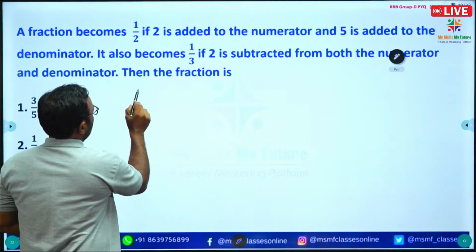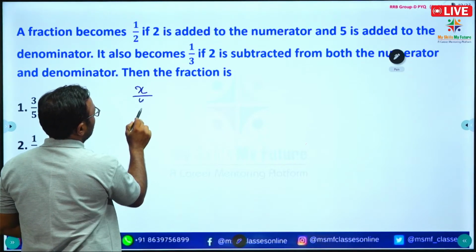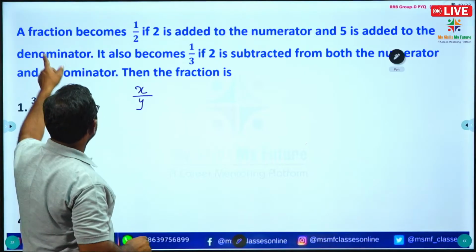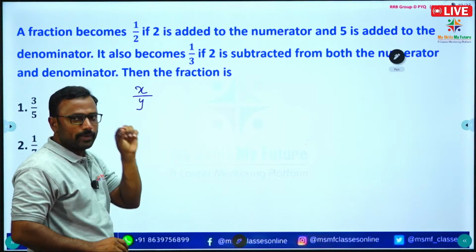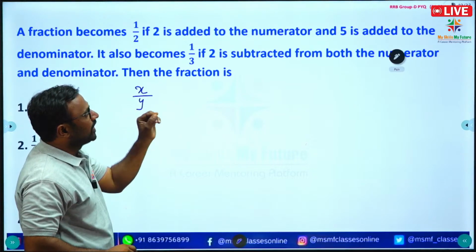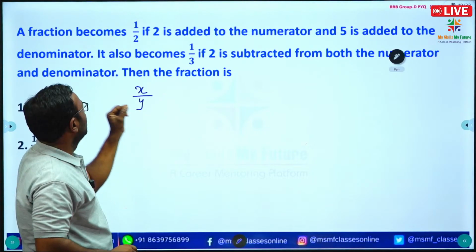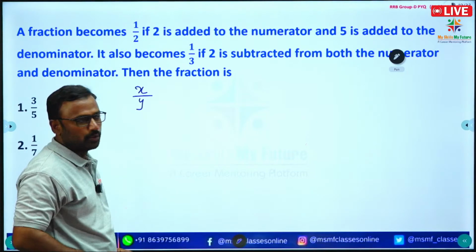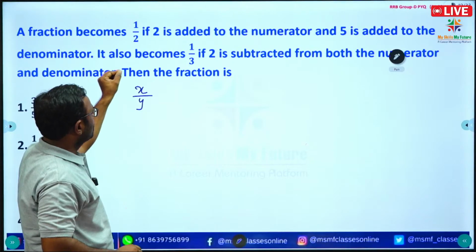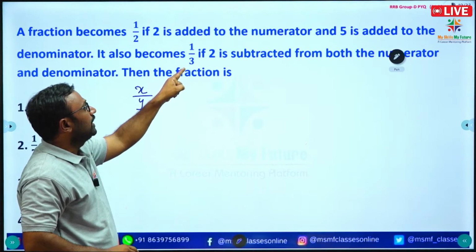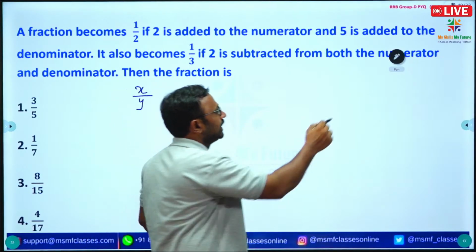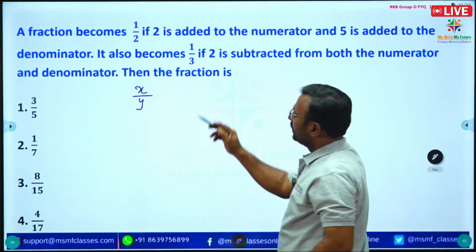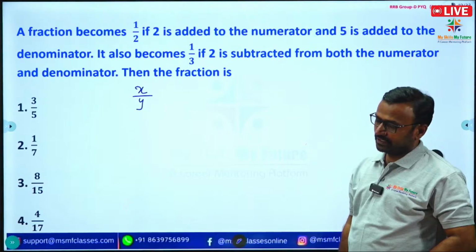So I am taking x by y as the fraction. It also becomes 1 by 3 if 2 is subtracted from both the numerator and denominator. Then the fraction is?